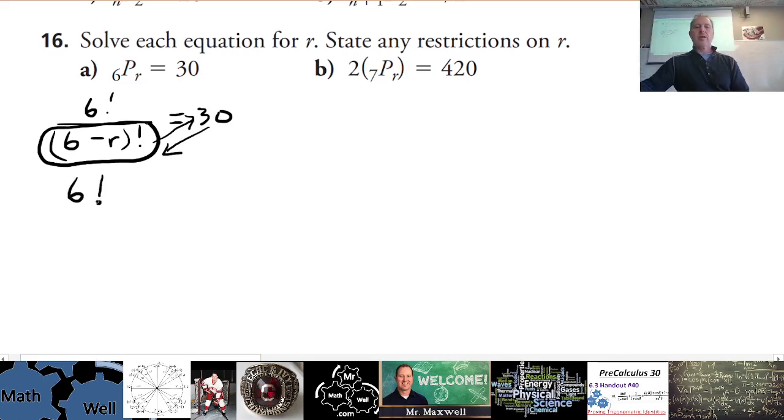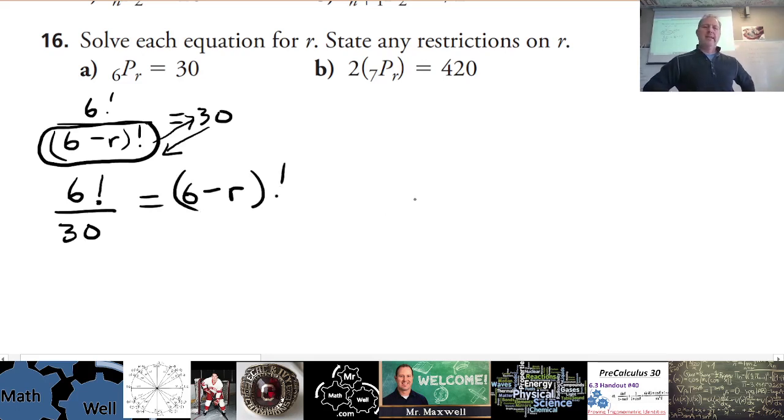So 6 factorial divided by 30 should equal 6 minus r factorial. Now you're thinking, well, how does that help? Well, it gets the r, at least in the numerator, on one side. And I could actually figure out what this is, couldn't I?